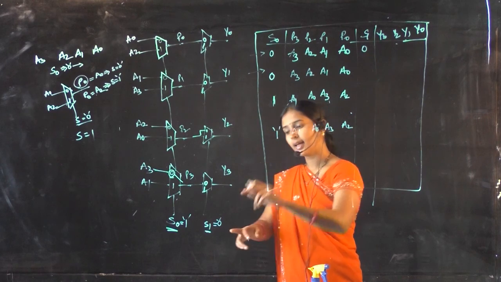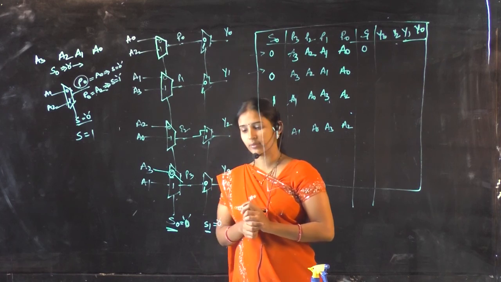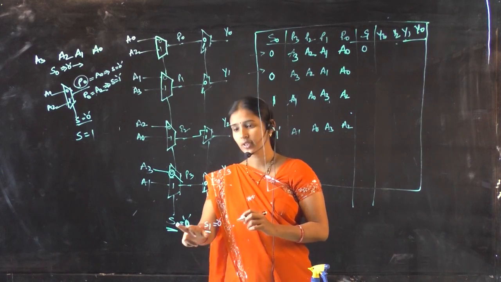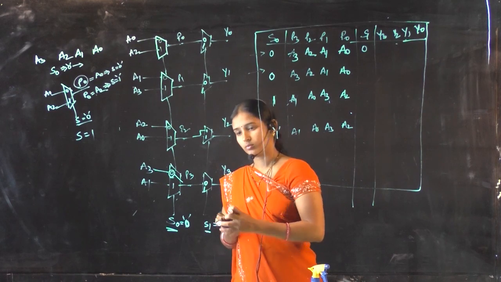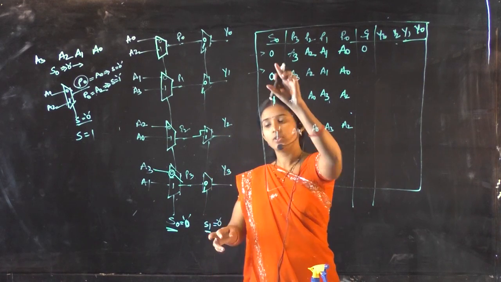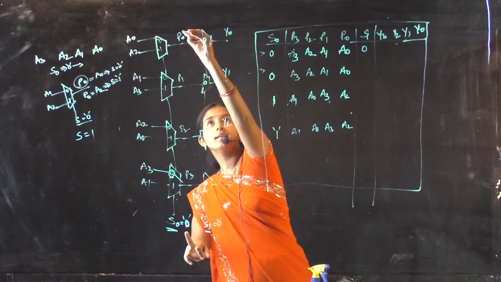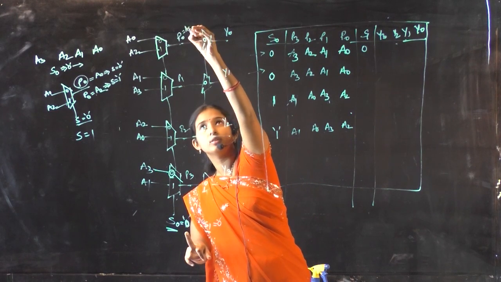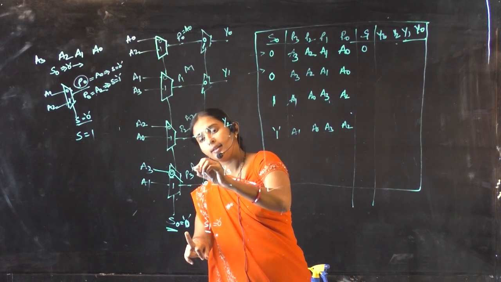So if this selection line is also 0, what were the data available at P naught and P1? This is nothing but A naught, A1, A2 and A3.